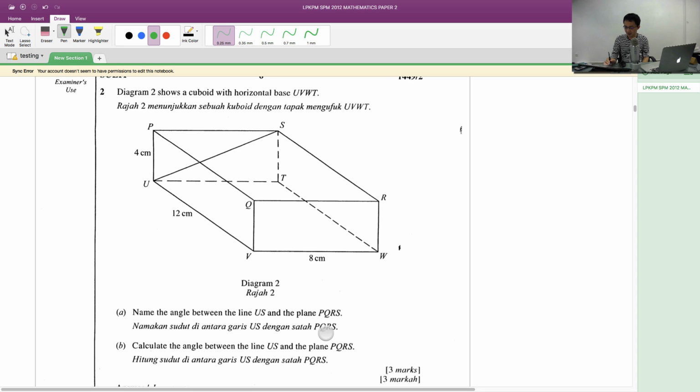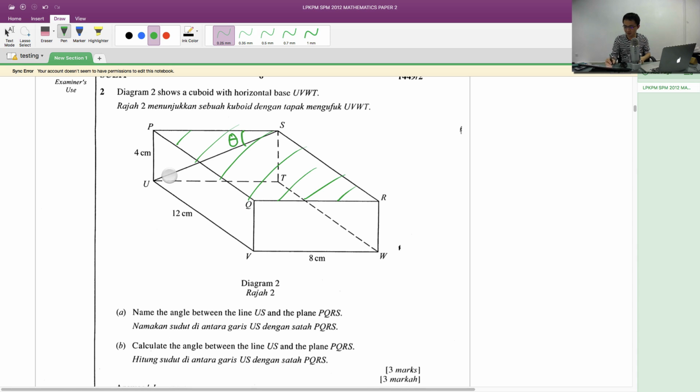Where is PQRS? I guess it's the top face here. Where will the angle between the line and the top one be? Very obvious, the angle is over here.